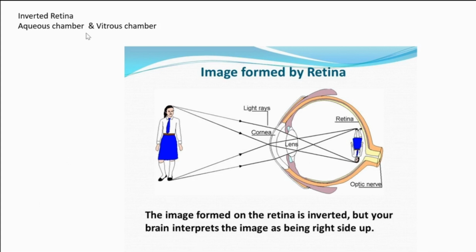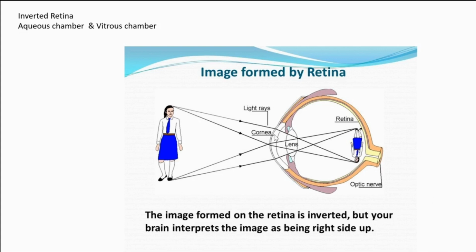Then two more terms, the aqueous chamber and the vitreous chamber. Aqueous begins with A, the first letter, so the first chamber is the space between the cornea and the lens. In that way we can memorize that the aqueous chamber is the first chamber.